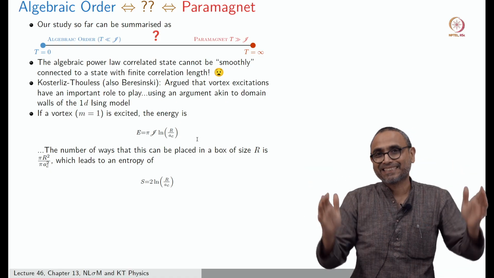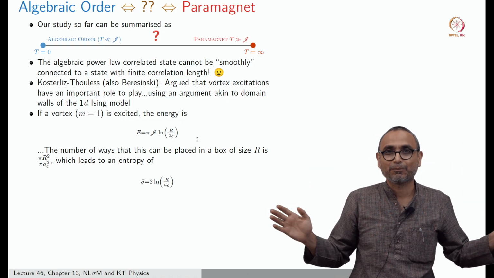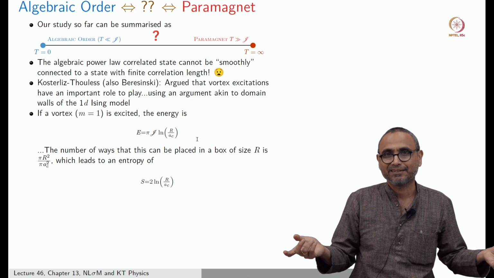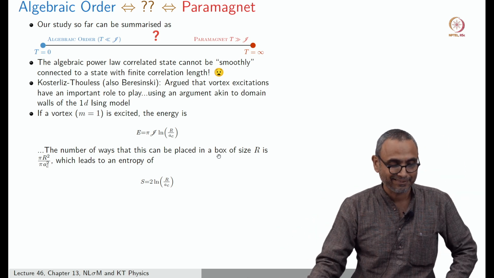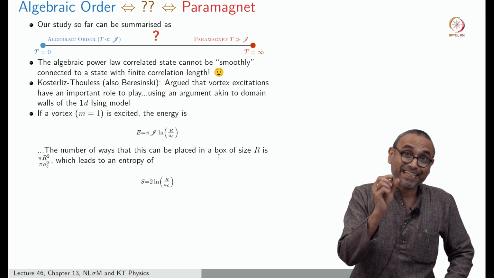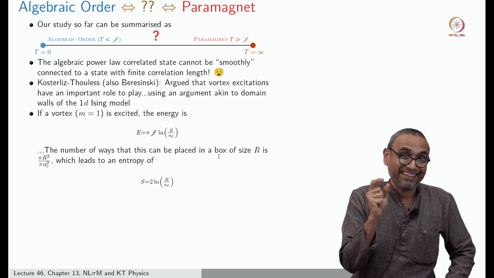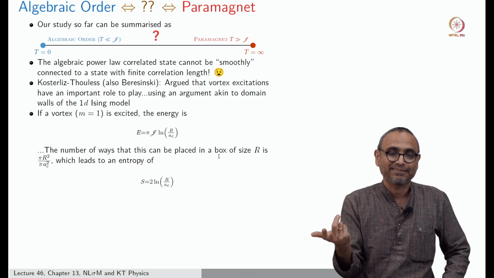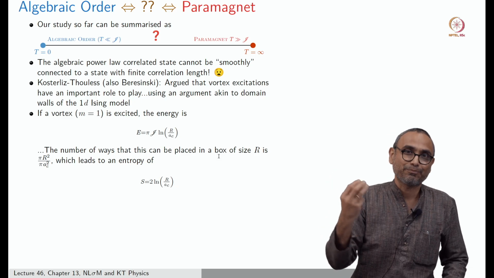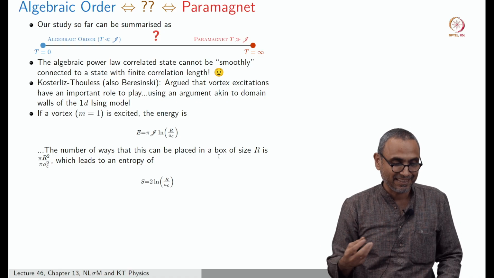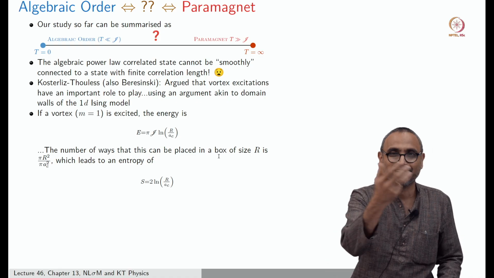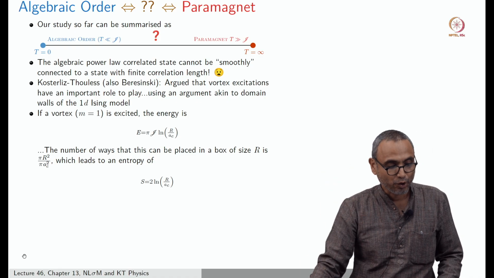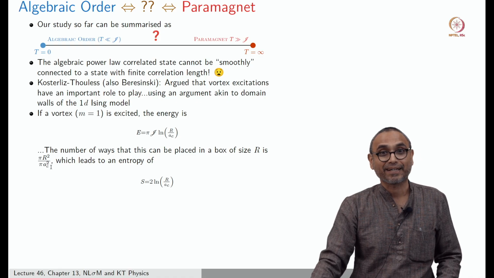So imagine that I have a very big system of radius R, system size R. The area of that is pi R squared. Now the vortex, remember, has some core radius a, so that area will go as pi a squared. So the number of ways of placing the single vortex in this area goes like pi R squared by a squared.